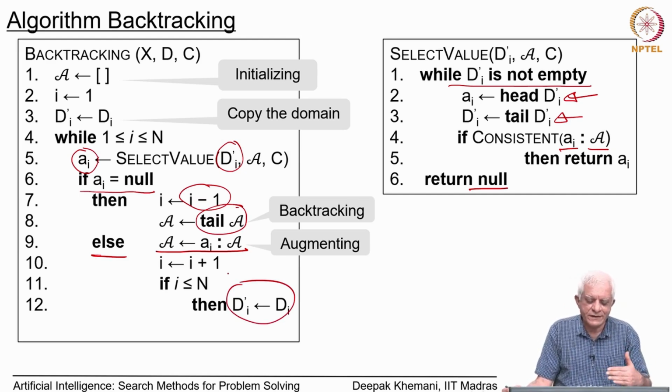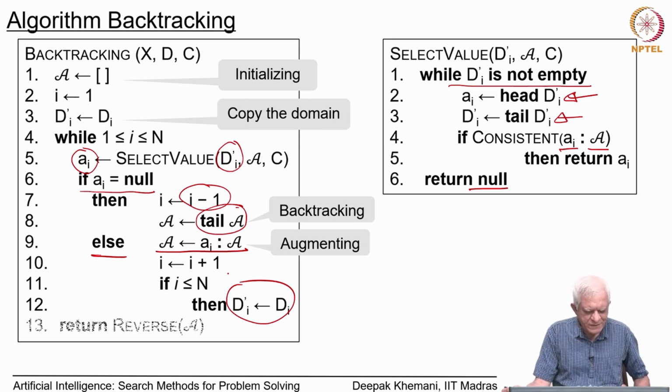So, we go through this while loop. As you can imagine, i will go up from 1, 2, 3, 4 upwards, and if it is backtracking it will come down 4, 3, 2, 1 and so on. It will keep going up and down, and as we discussed a short while ago, there are two termination criteria. If we have found a solution, we return it, else we return null.